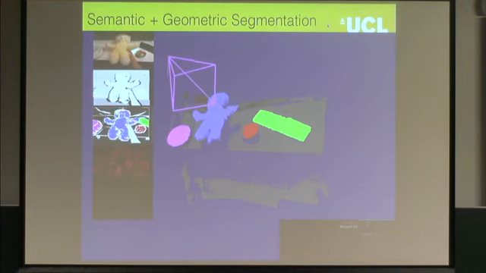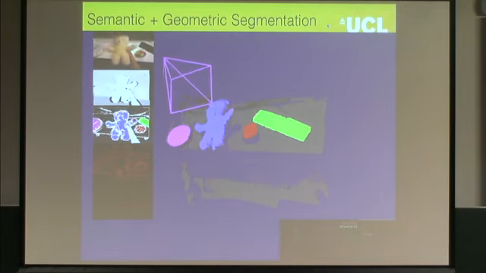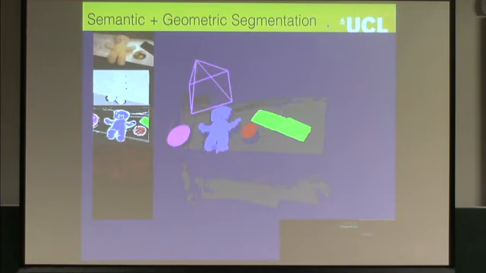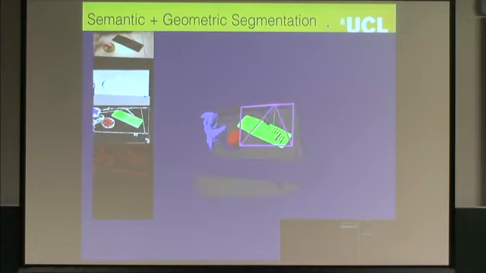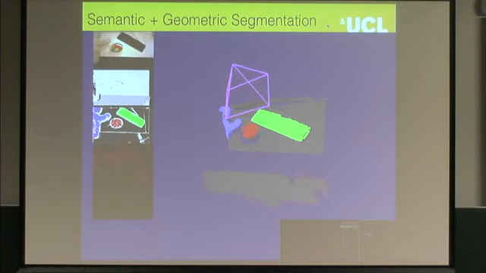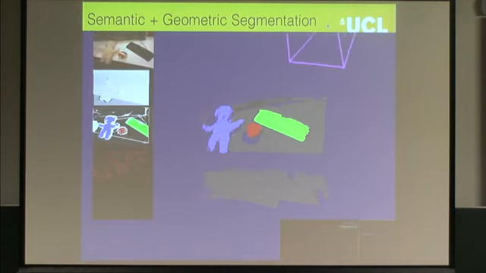The only thing is that the geometry gives you very nice boundaries, but it over-segments. So for instance, it might over-segment the legs of the teddy bear and the torso if it's sitting upwards. And the semantic segmentation gives you meaning, and it also gives you a nicer segmentation overall. So this looks like Kinect style input data.